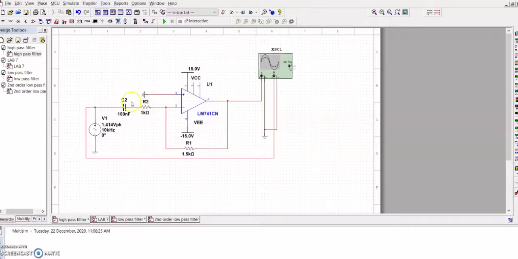And now we change our capacitor and the resistor places, and the value also changes. The capacitance becomes 100 nanofarad, and there is a feedback R1 here. So now I'm going to simulate it, run it, and see what happens.